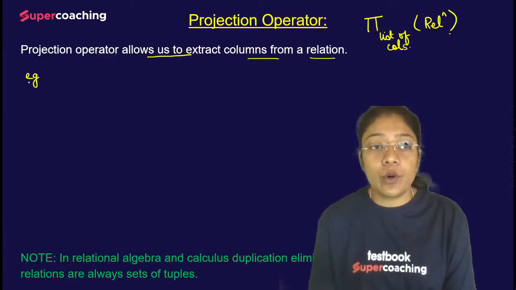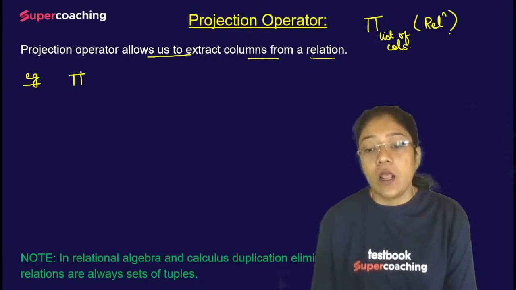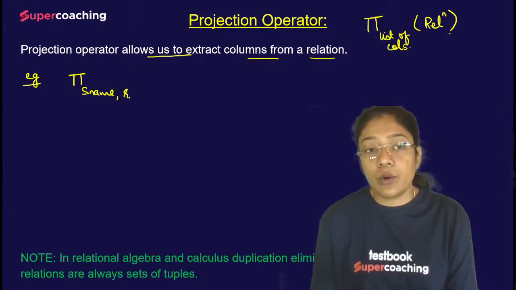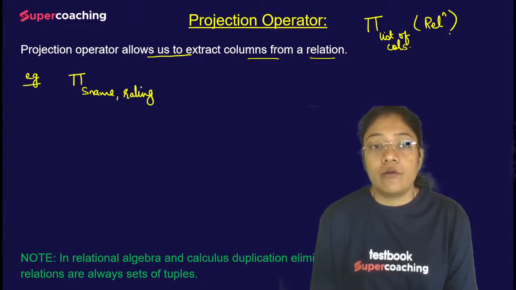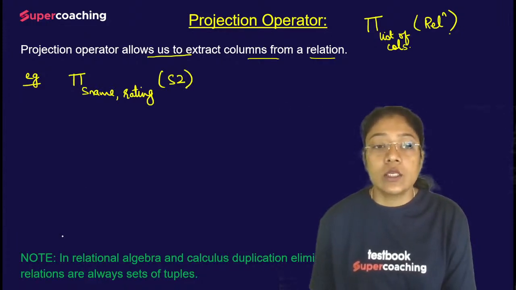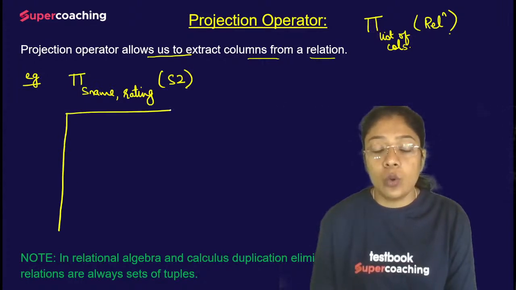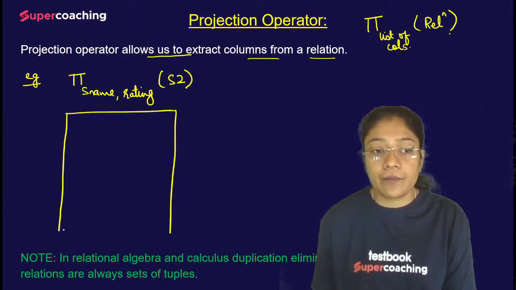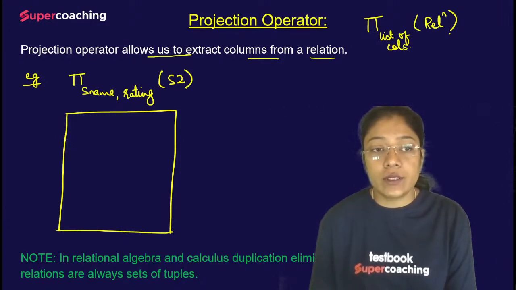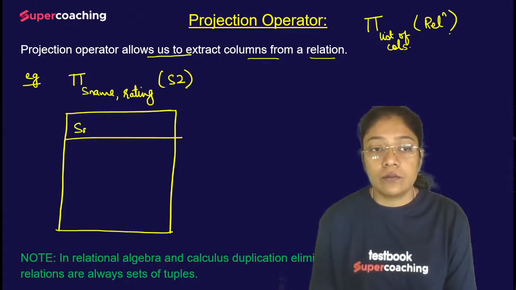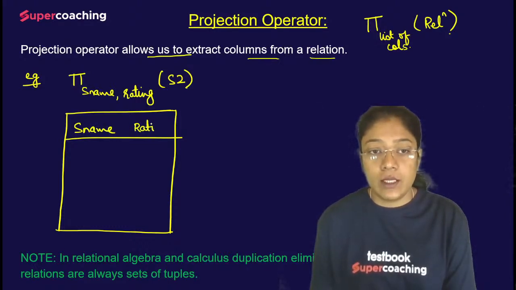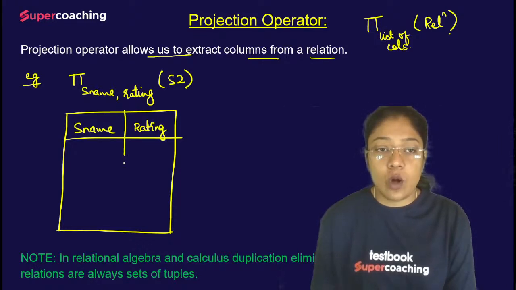For example, I want to project the name and rating from the relational instance S2. That means the resultant table will be returning only the name and rating of the sailors, because I just want to project two columns, name and rating. In S2, how many tuples were there?